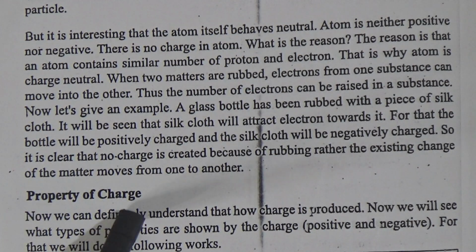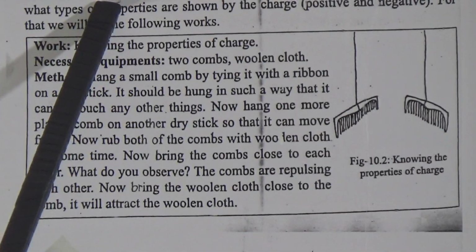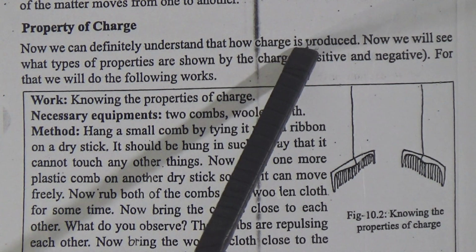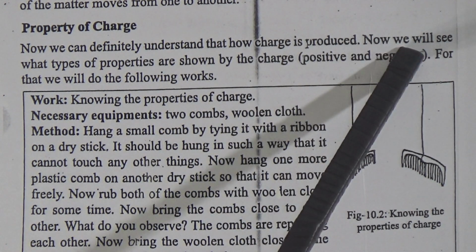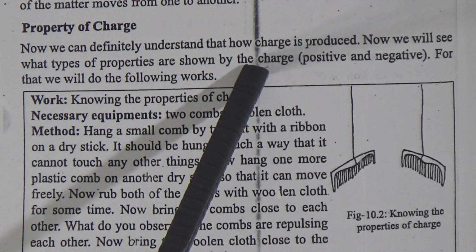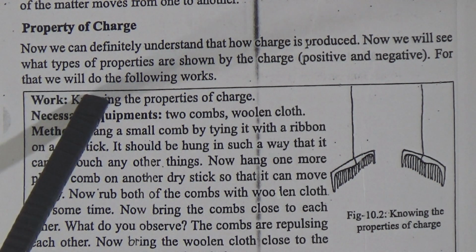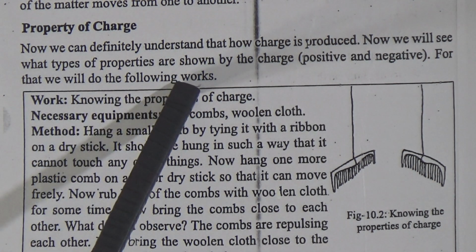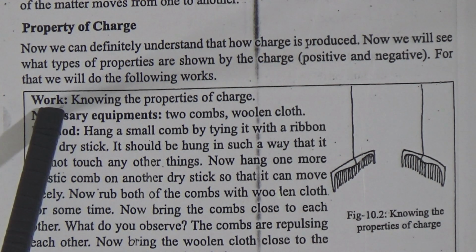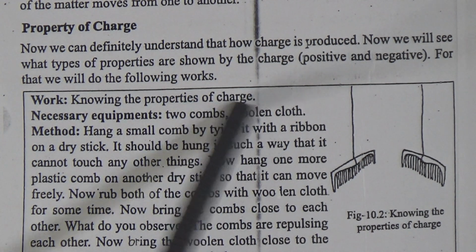Now, property of charge. Now, we can definitely understand how charge is produced. Now, we will see what types of properties are shown by the charge, positive and negative. For that, we will do the following works. Here is an experiment, a work for knowing the properties of charge.